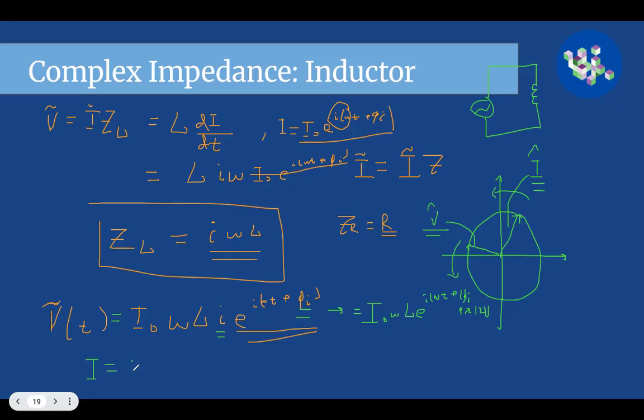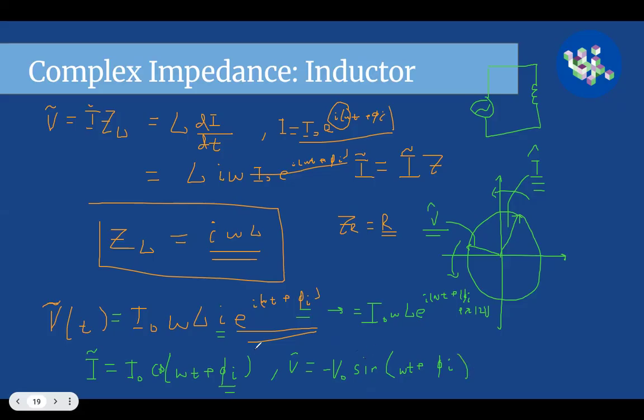my current is equal to I0, and now I'm taking the real part, so I0 cosine omega t plus some phi I. Now I'm adding 90 degrees to the phi I when I'm doing my V. So I'll get V equal to negative V0 sine omega t plus phi I. I'm taking the real part.